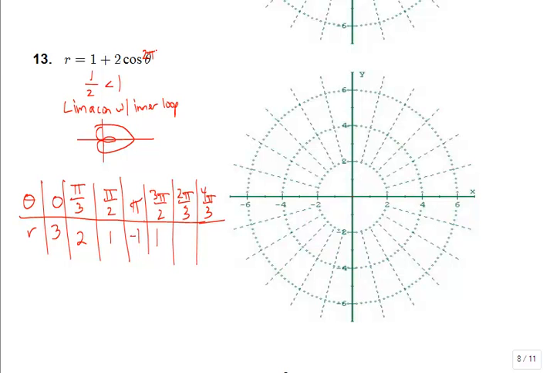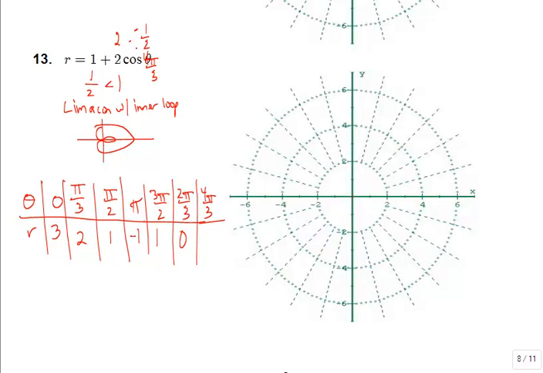If this is 2 pi over 3, cosine of 2 pi over 3 is going to be a 1/2, but it's going to be negative because that's a quadrant 2 angle. So when I multiply that by 2, these cancel out and give me a negative 1 plus the 1 out front, so this is 0. If I look at 4 pi over 3, that's also a 1/2, but it's also negative because it's a quadrant 3 angle.